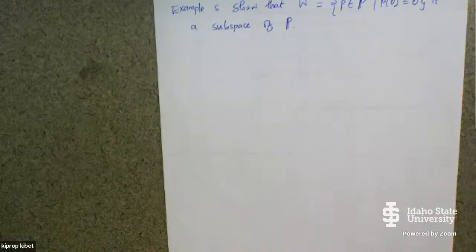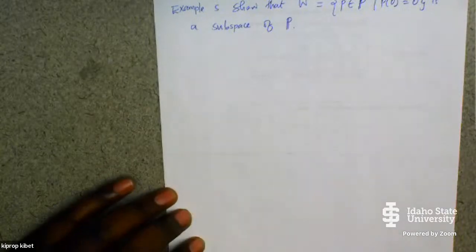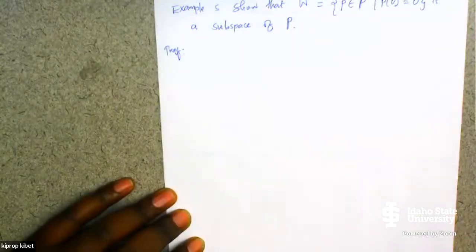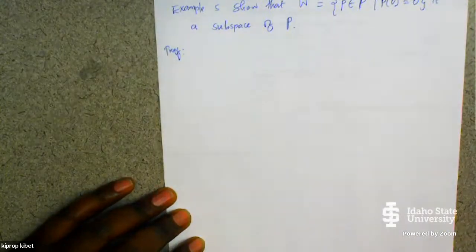So using the subspace test, you start with the zero polynomial.